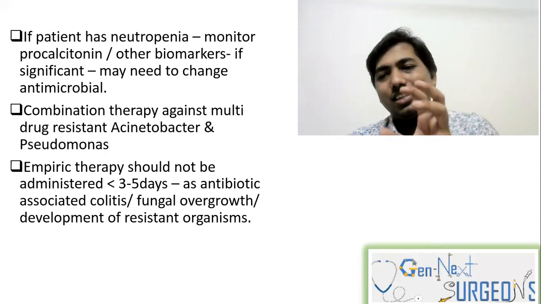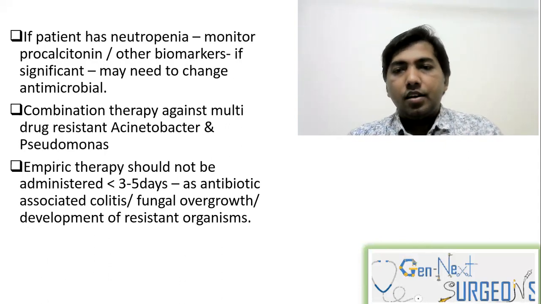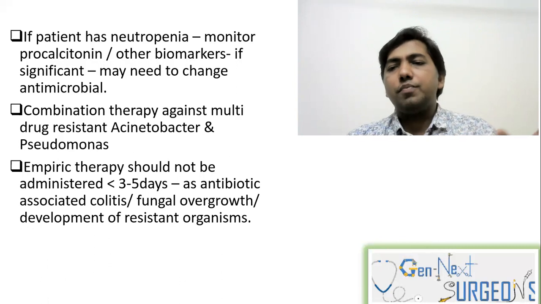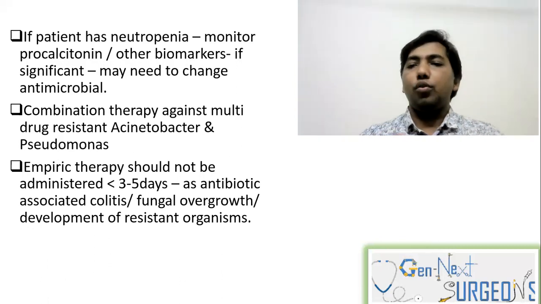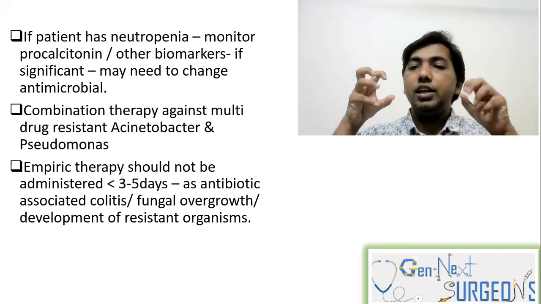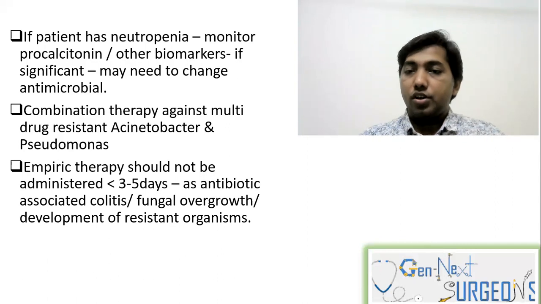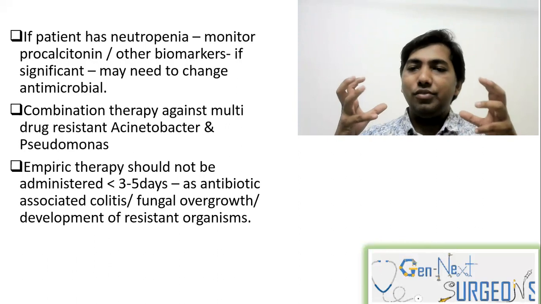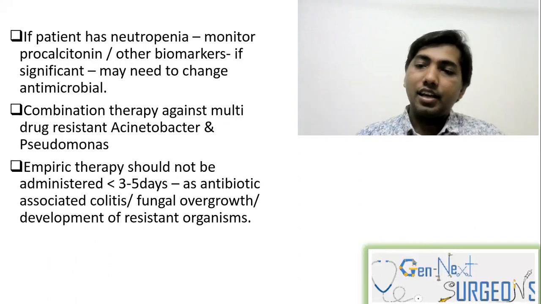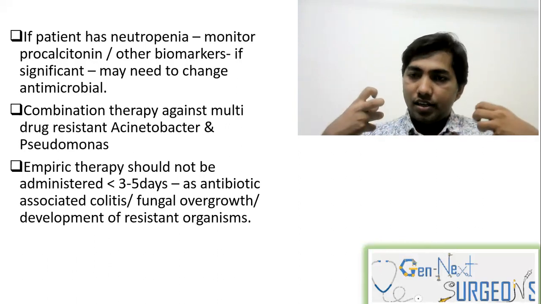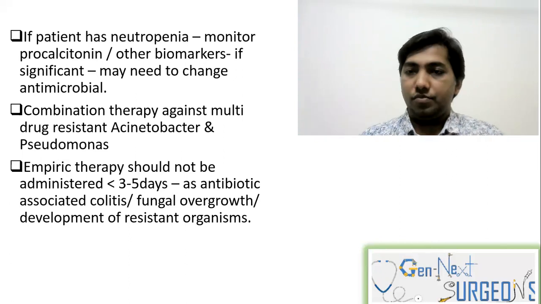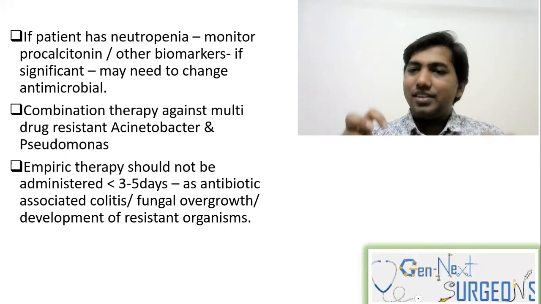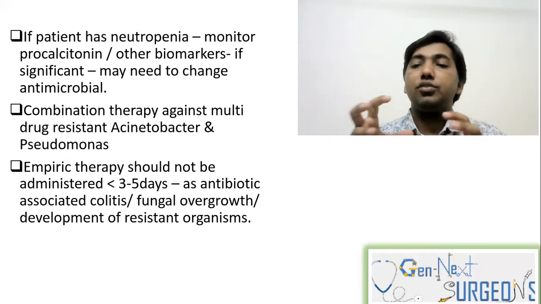Because if we use that broad spectrum antibiotic for long, we are killing many organisms, since our target was to kill everything. And if we kill everything, there will be development of resistant organisms.